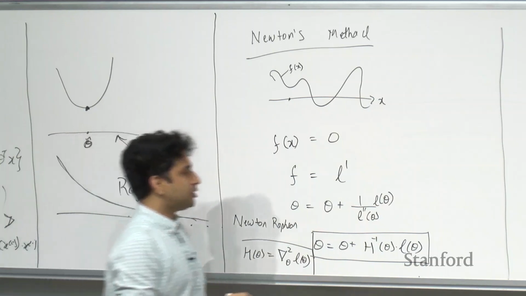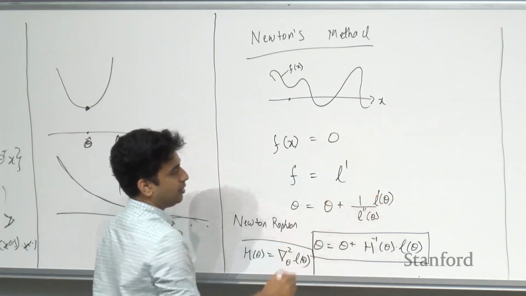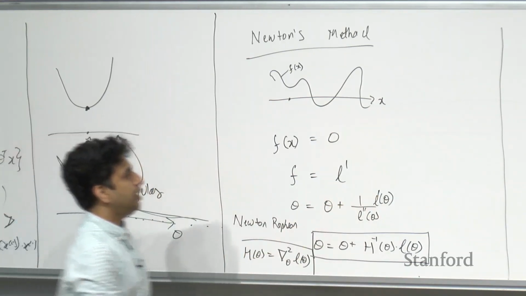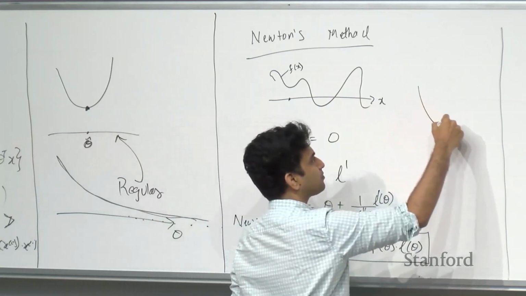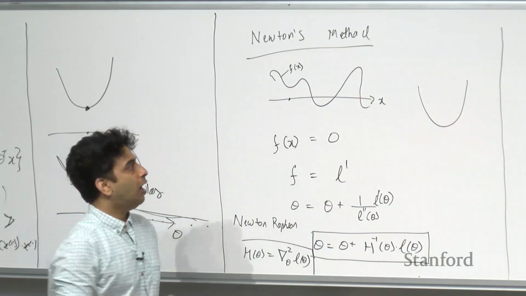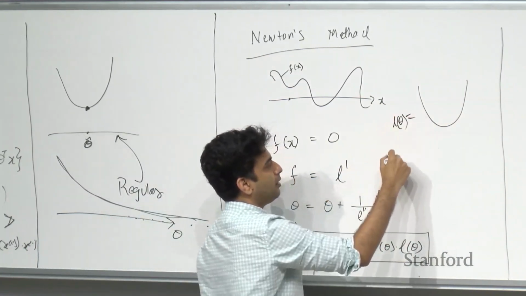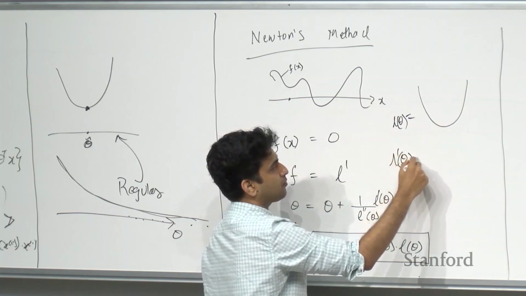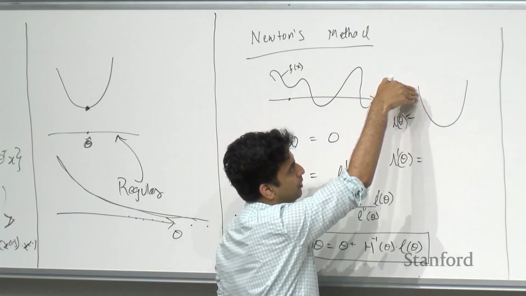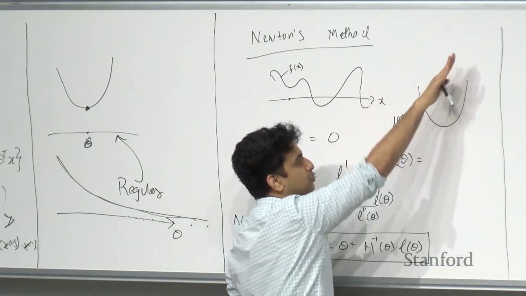Now, if the L that you're using in Newton's method is a convex function, then if this is L, L prime of theta, the gradient, starts out negative here, becomes 0 over here, and becomes positive later.